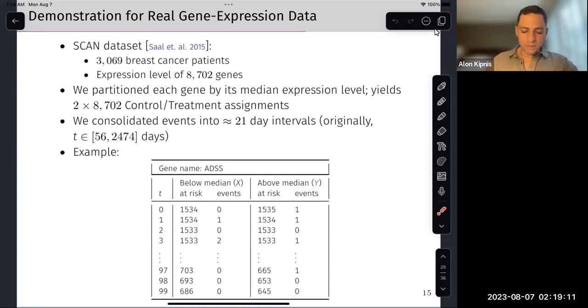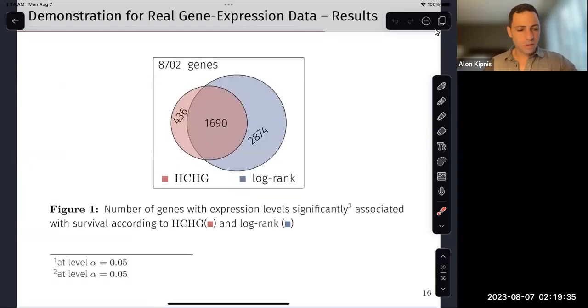So here is an example for the gene named ADSS. This group is the group of the individuals with expression value for this gene which is lower than the median, and the Y group is of those that are higher than the median. Now we applied our test, and we also applied log rank.